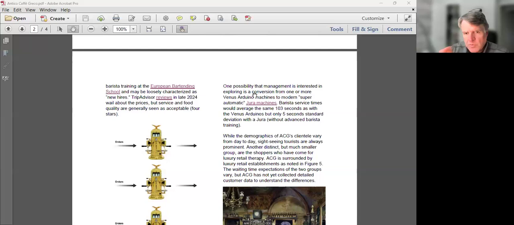And then we can explore different things like, what if we train? What if we pool the orders? What if we switch from the Venus Arduinos to the Juras, the automated machines, and maybe some blend of all of these proposals. In addition to that, there could be other experience-enriching proposals that you may look to come up with. But let's at least see if we can get through some of these basics in this clip.